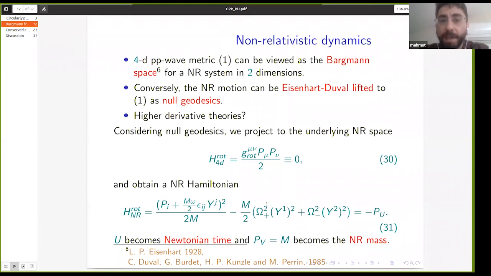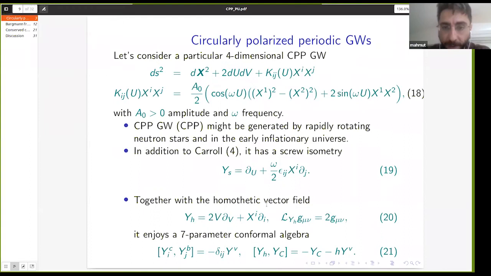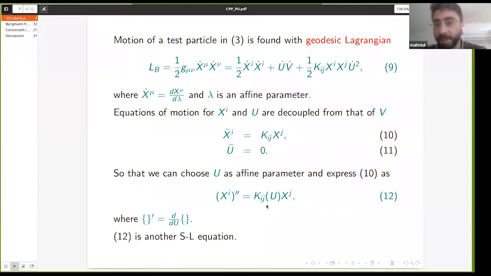You can take a non-relativistic motion and lift it, as Eisenhart did, so you can embed it into a higher dimensional pp-wave space-time and work out the symmetries there. So how does it happen? Because actually we will see that this geodesic motion, this has been done by Eisenhart 100 years ago. The non-relativistic motions that we will generate now will satisfy the same geodesic equation.